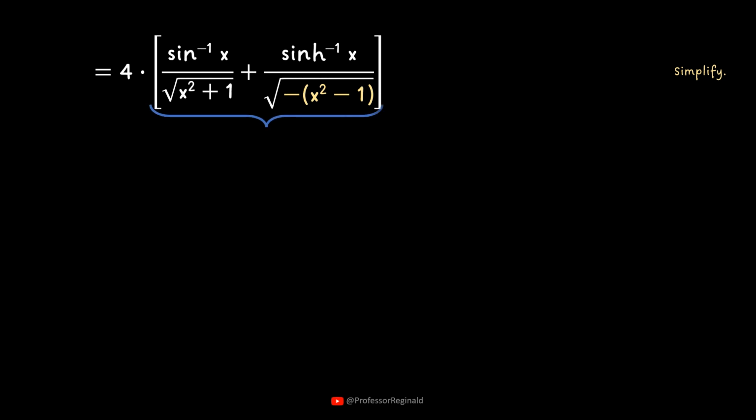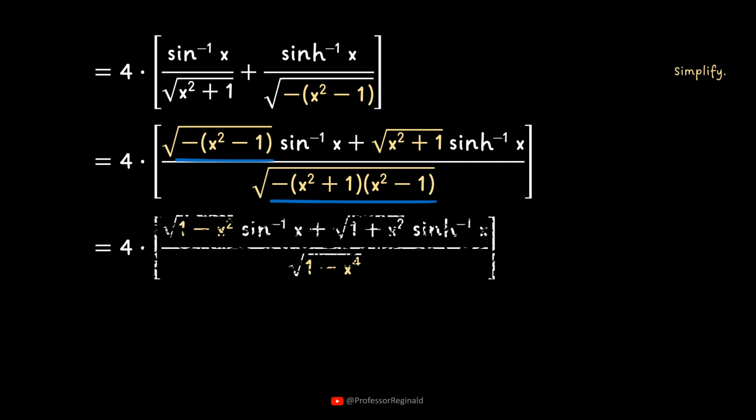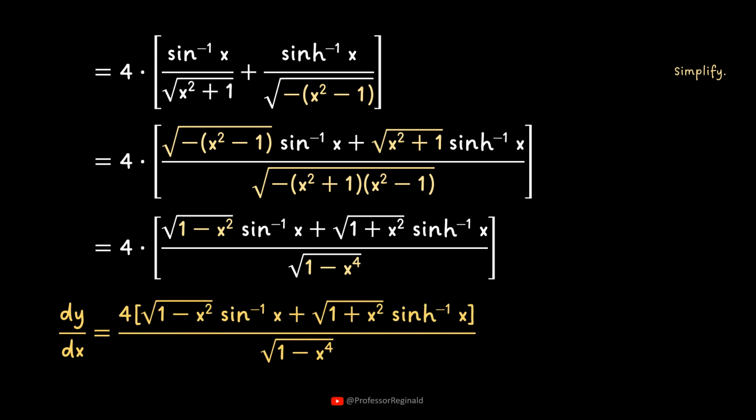Combine these expressions using the LCD method. And rewrite this factor in the numerator, as well as this factor in the denominator. Thus, dy dx equals 4 times the square root of quantity 1 minus x squared times the inverse sine of x plus 4 times the square root of quantity 1 plus x squared times the inverse hyperbolic sine of x all over the square root of quantity 1 minus x raised to 4.